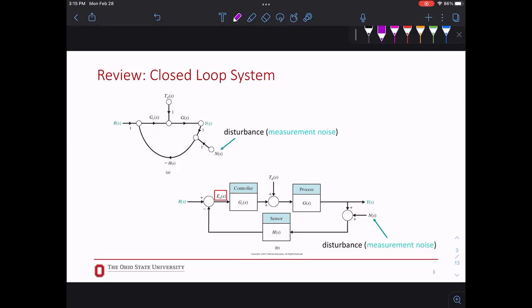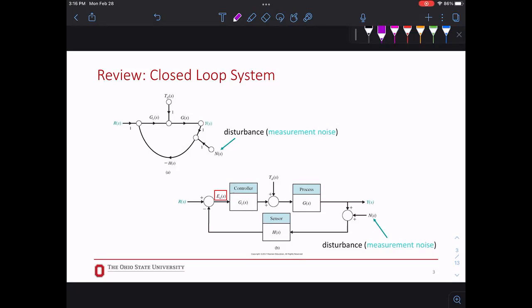Now, depending on the resolution of your sensor, you will have some noise, right? That is called measurement noise. Because you don't have a true sensor, there's always some error, but the amount of error could be so low that you can sometimes eliminate it.